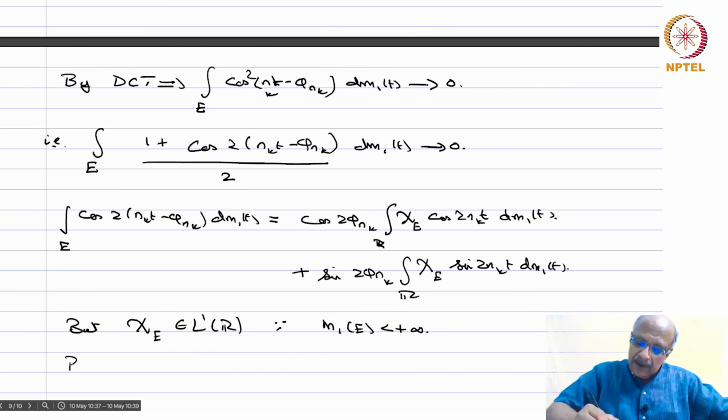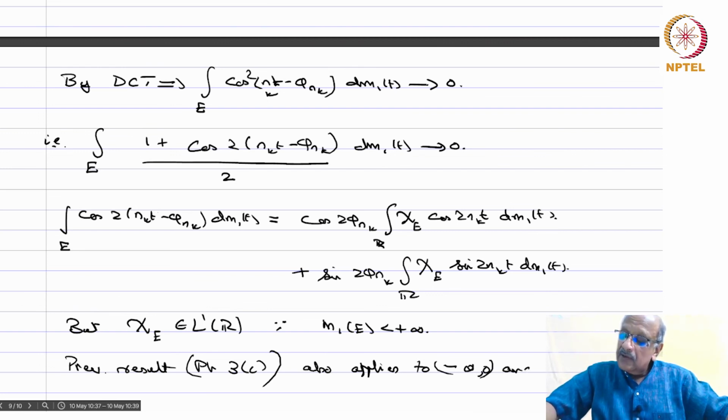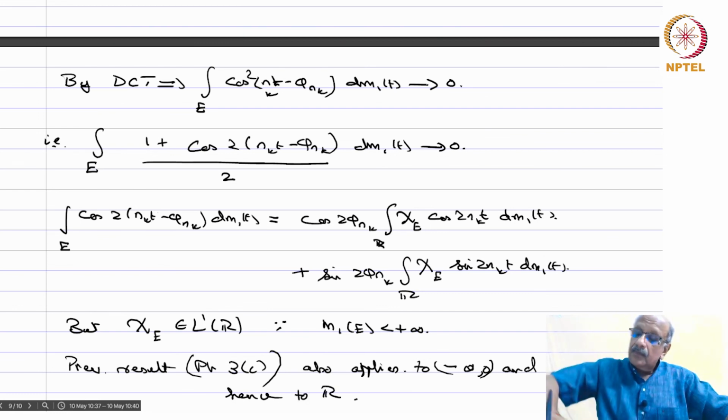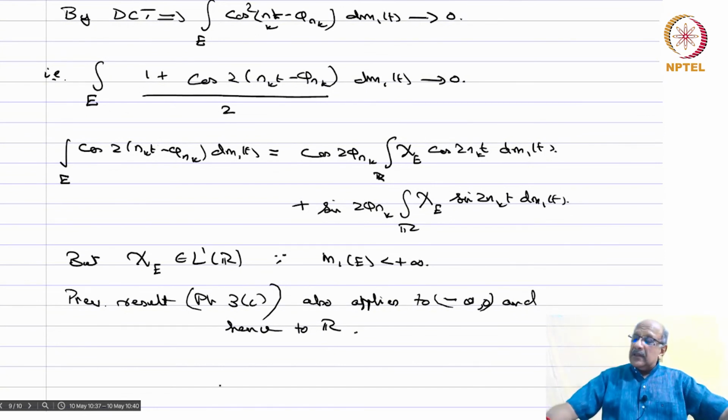And the previous result, that is problem 3C, also applies to R, minus infinity to 0 and hence to R. You just have to do everything with the minus sign and you will get the same as in that exercise.